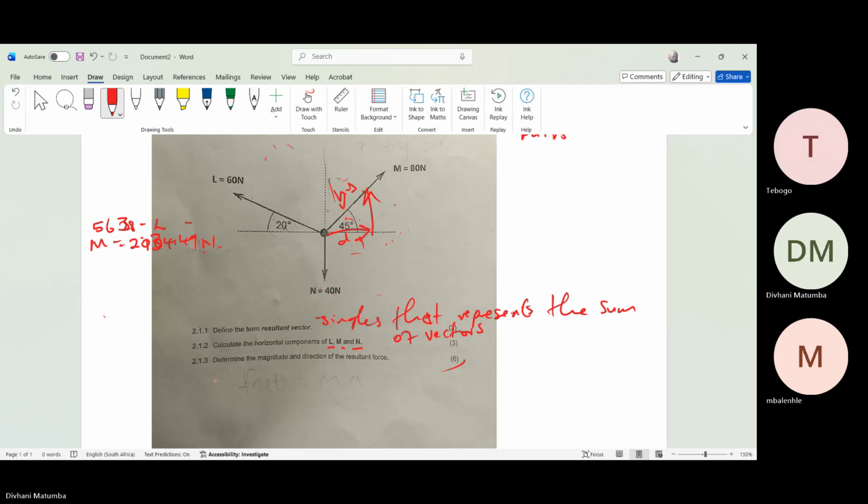So sine of 45 equals adjacent over hypotenuse, which is my horizontal component divided by my force. So my horizontal component will be 80 sine of 45. I think it's going to give you 56.38. I trust your answer, I'm not going to calculate.